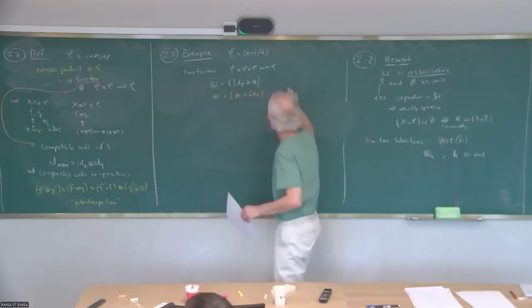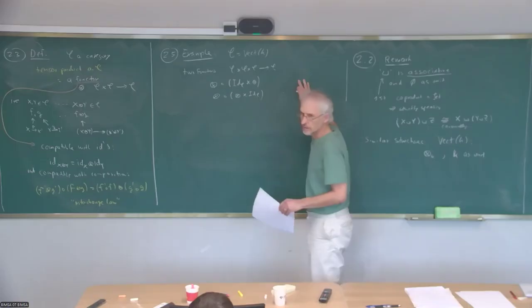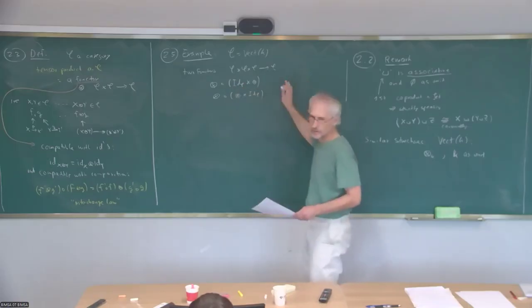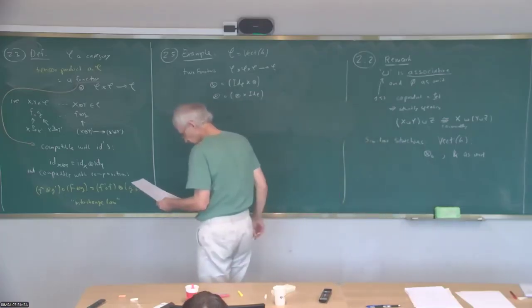So if we apply this to a triple of objects, here the first tensor the second and third, and then the first one with the result, and the other one the other way around.